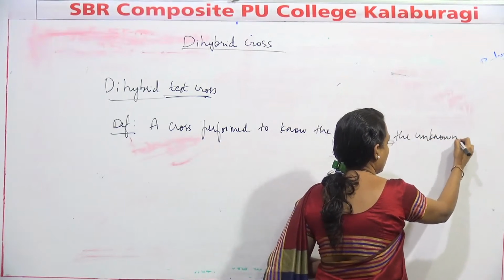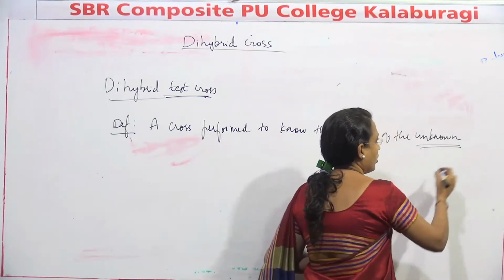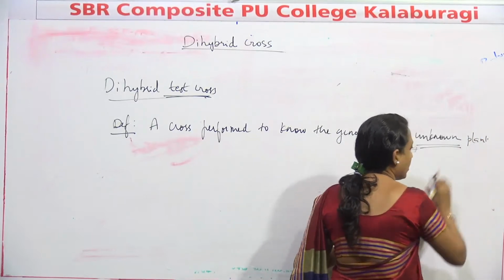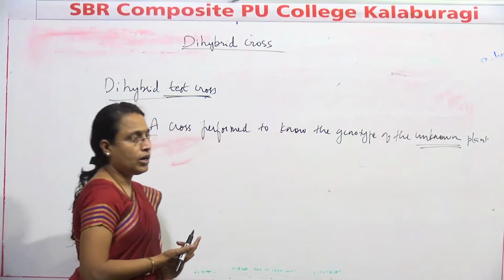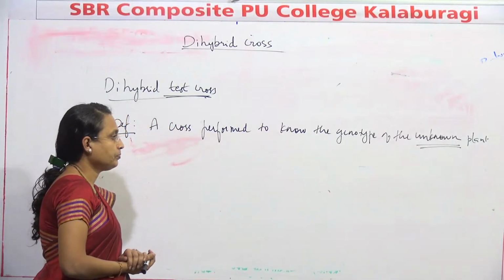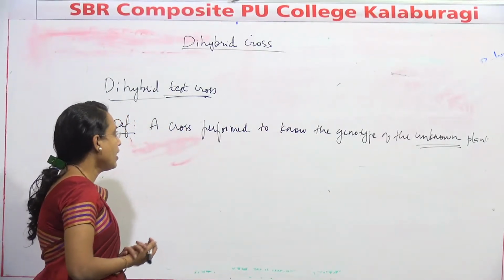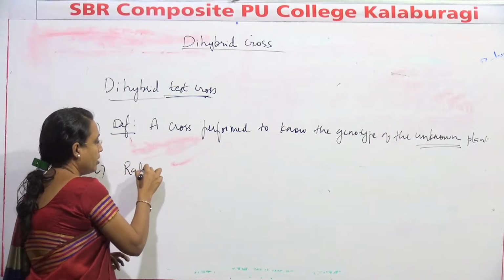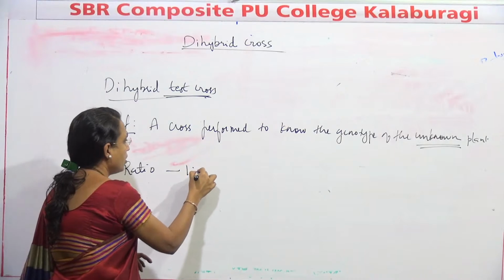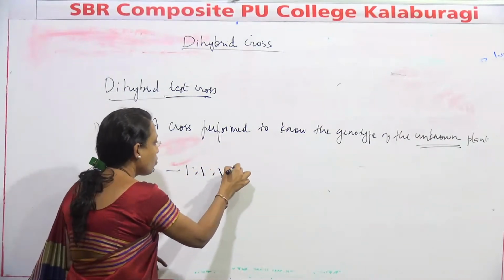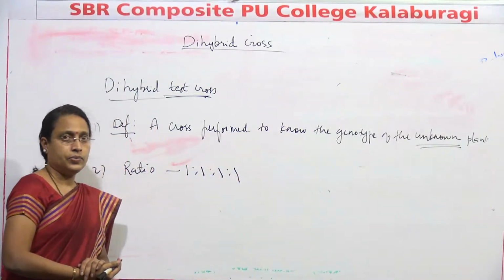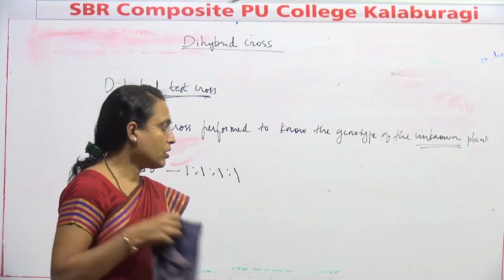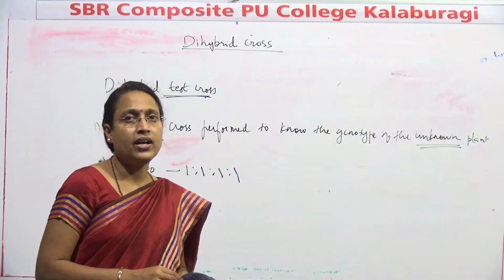A cross performed to know the genotype of the unknown plant. Okay. And the second point which you should know here is the ratio. The test cross ratio is 1 is to 1 is to 1 is to 1. So this completes what is called the dihybrid test cross.